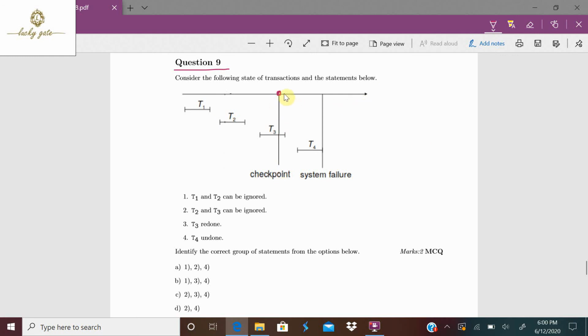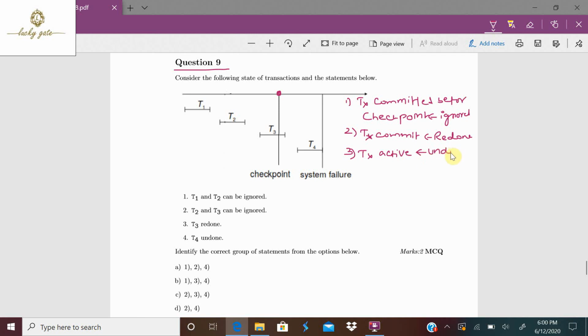While doing checkpointing recovery, just keep in mind: transactions that are committed before the checkpoint need to be ignored, and transactions that are committed after the checkpoint need to be redone. Simple steps I am telling you. Transactions that are active, meaning which are not committed, need to be undone. Just observe in the log.